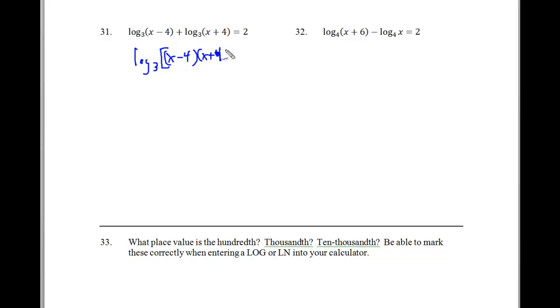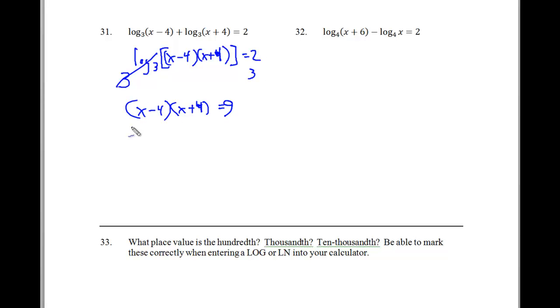And that's equal to 2. Then, to get rid of all this, we're going to raise this to the exponent level and make our base 3, which simplifies that. That means our x minus 4 and x plus 4 will be FOILed, and I will do that in the next step. And 3 to the 2nd power is 9.